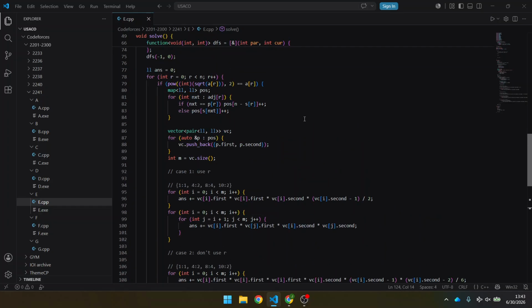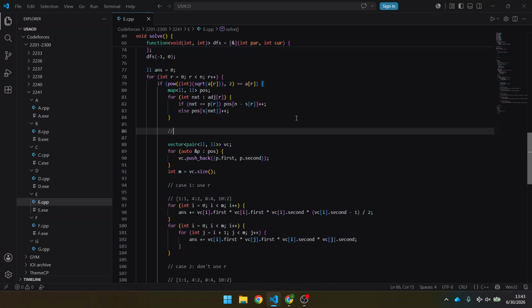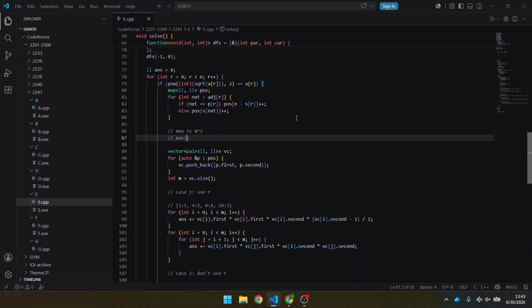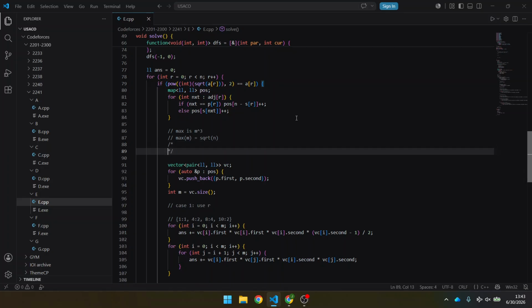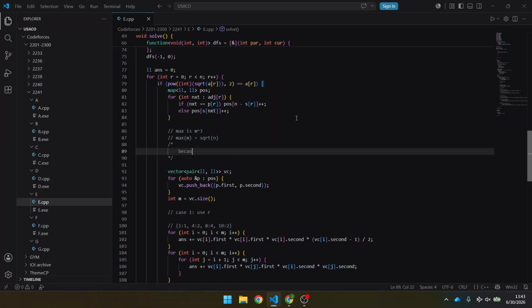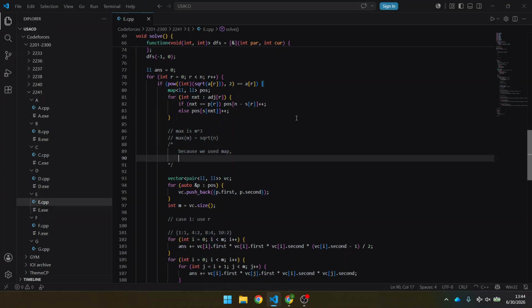So overall over here, max is m to the third. Max of m is actually square root n because we use a map.